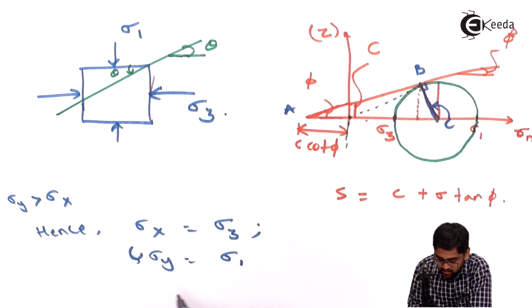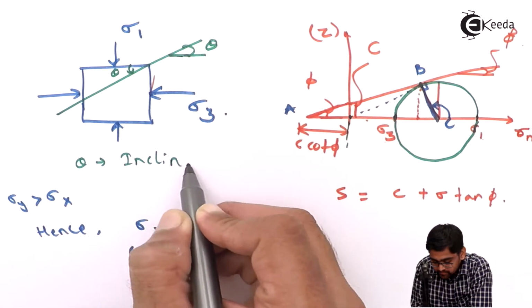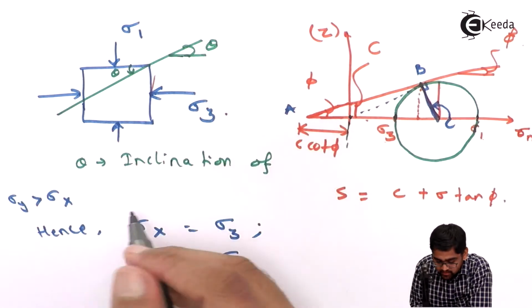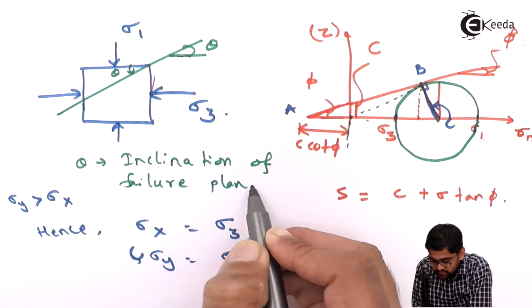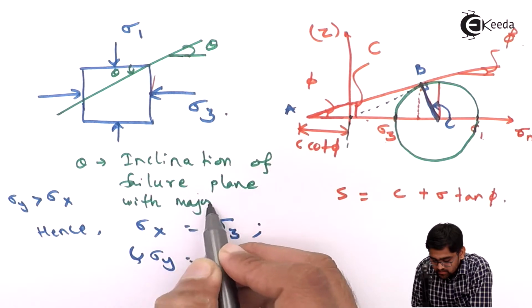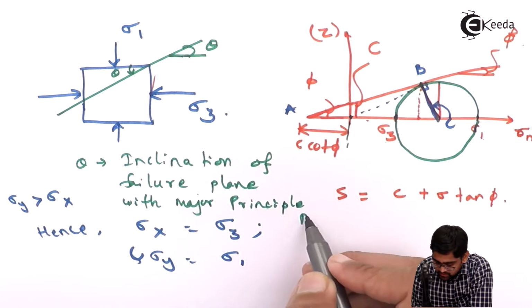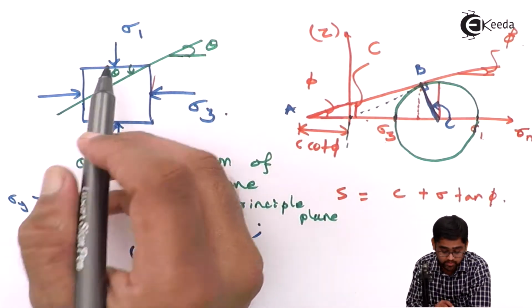Remember, theta is the inclination of a failure plane with major principal plane. It's not the horizontal, it's with respect to the major principal plane.